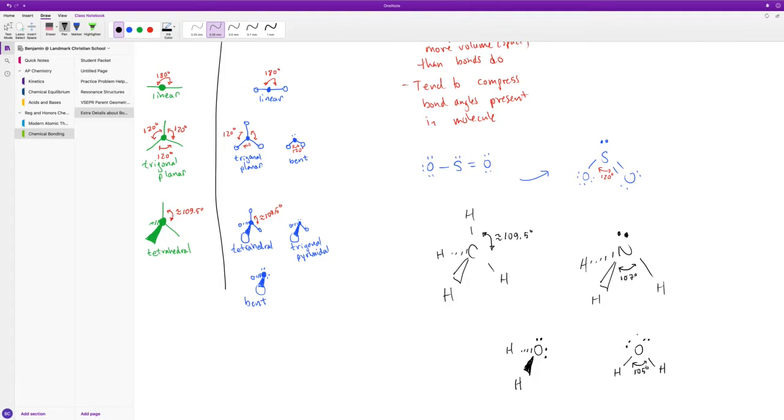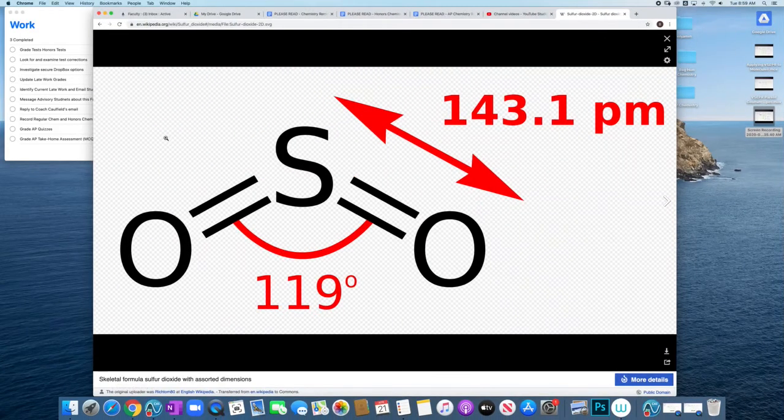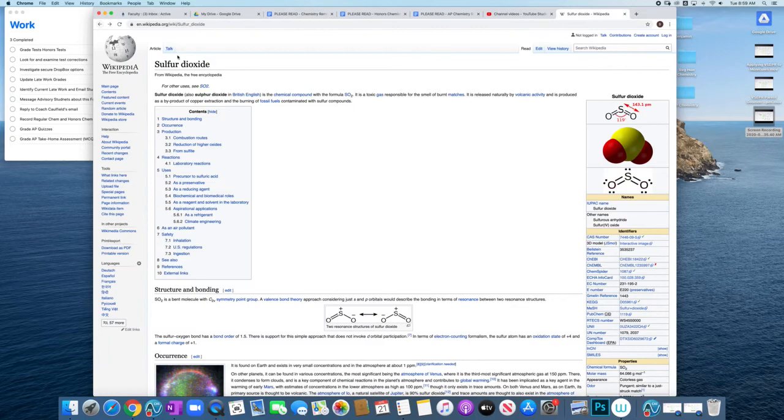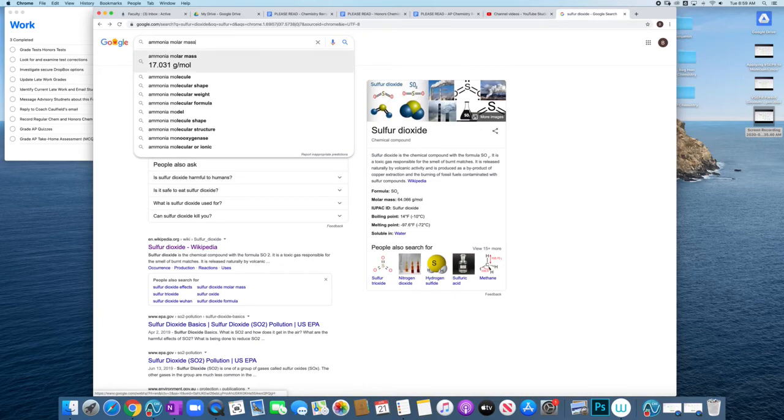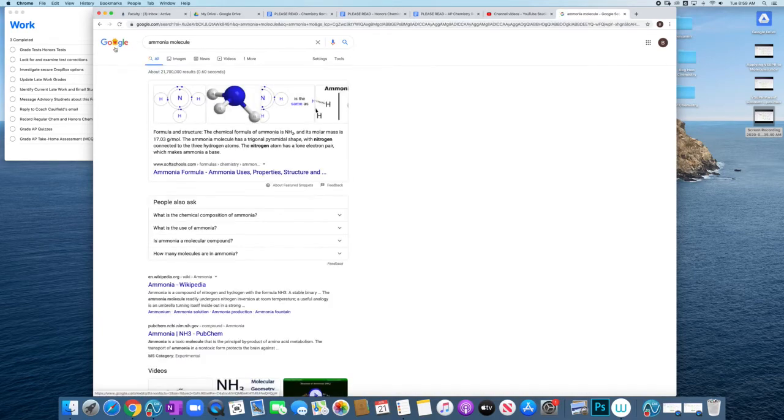And that makes sense, because if this lone pair is taking up a bunch of space in its electron cloud, and so is that one, it's going to compress things together even more. So let's confirm this, pulling up the Wikipedia entries for these things. We got ammonia and water. The ammonia molecule. Let's see.